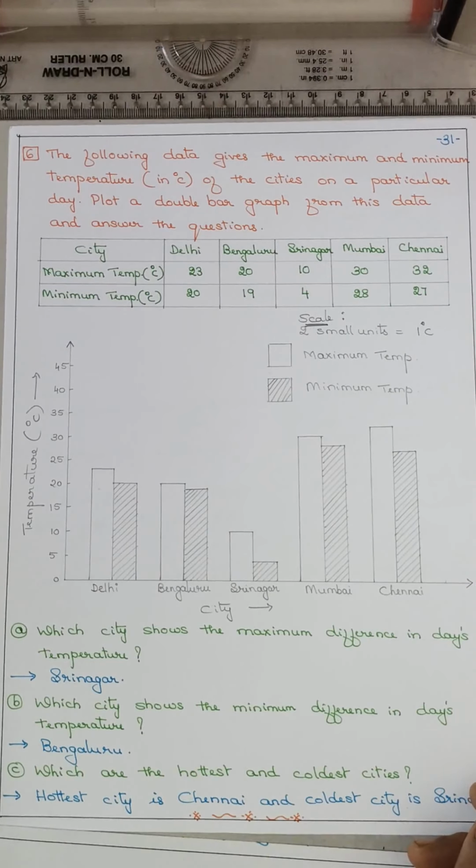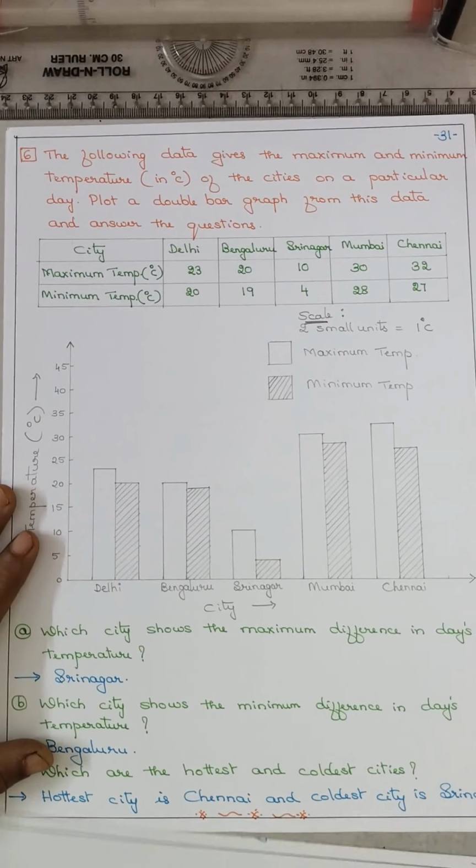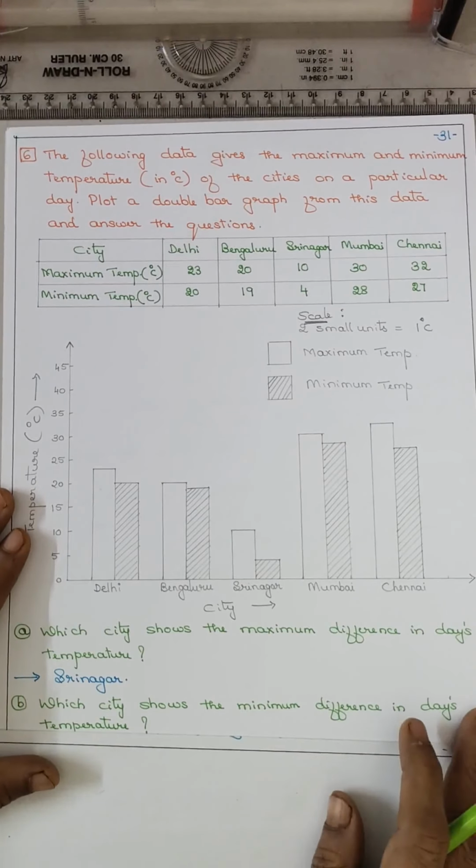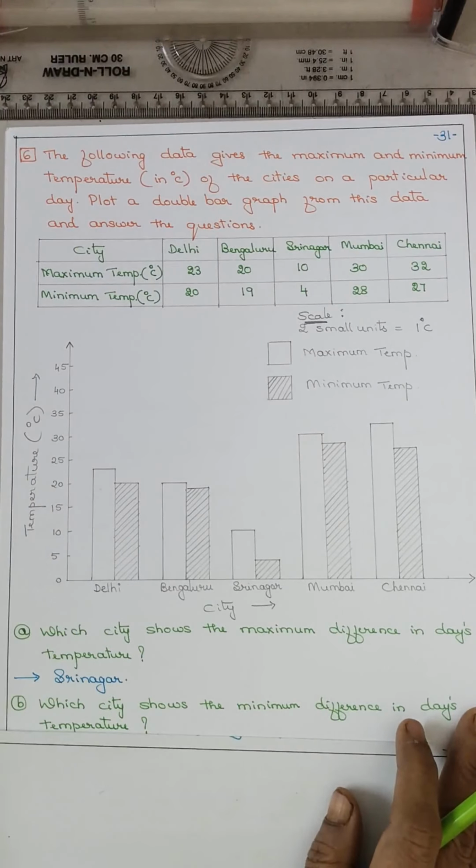What is it? The following data gives the maximum and the minimum temperature in degrees Celsius of the cities on a particular day. Plot the double bar graph from this data and answer the following questions.